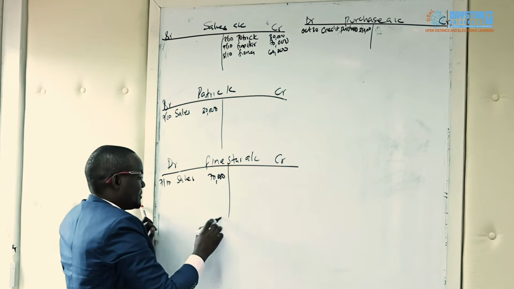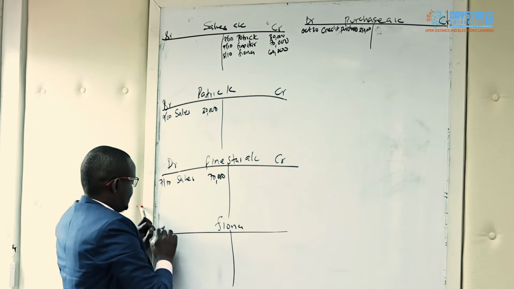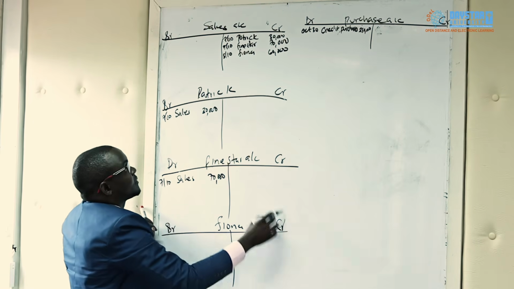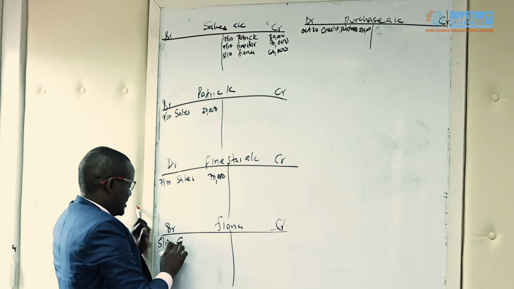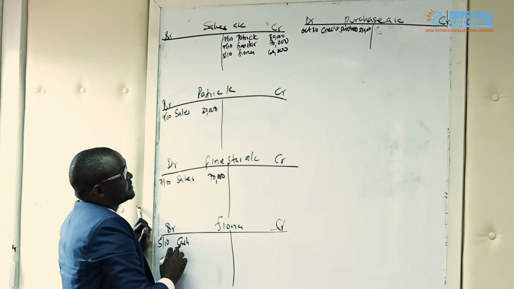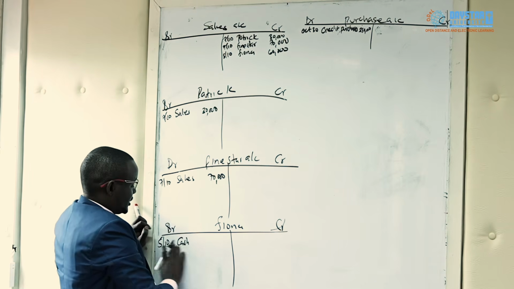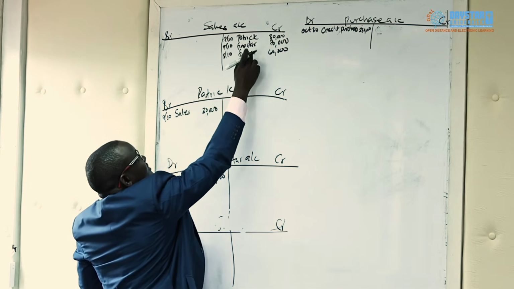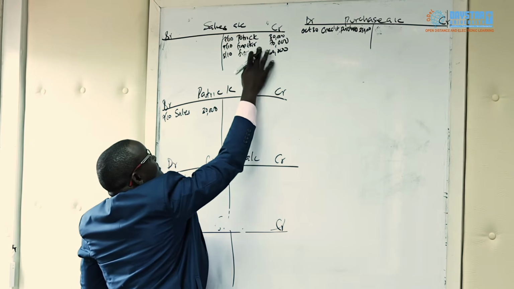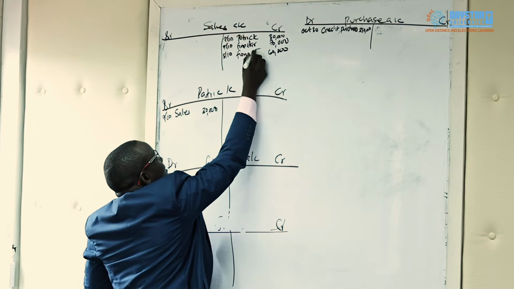You go to Fiona. Fiona, we have 5, 10. You can also specify. Sorry, this was cash. Since this was cash here, we can write Fiona, then you just write cash.